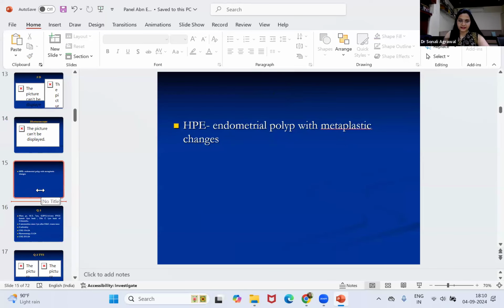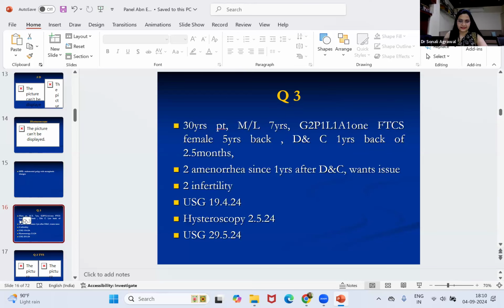So whenever the flow pattern is not good, we can suspect endometrial malignancy in symptomatic postmenopausal patients. I want to add that for a postmenopausal female, if there is thickened endometrium, we should always go for hysteroscopy and biopsy to rule out malignancy.